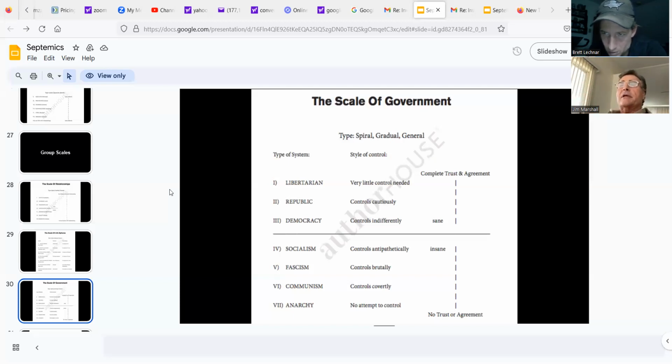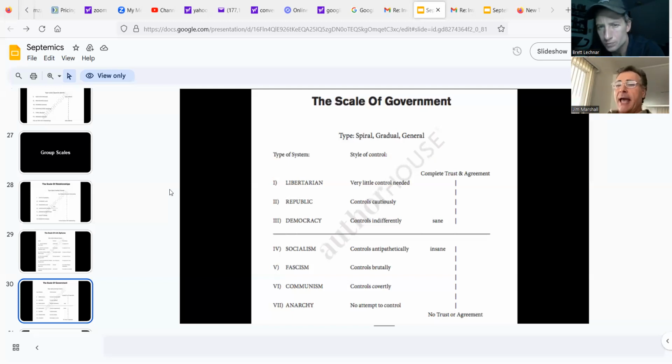He was the philosophical guru for the American Revolution. So he was a libertarian. By saying government is a necessary evil, he's saying we have to have government.